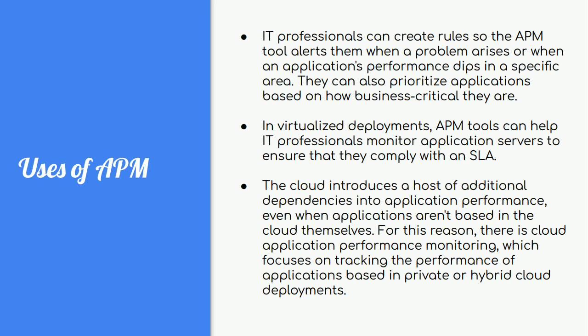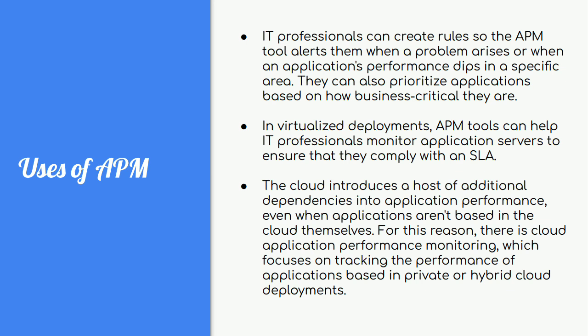Use of APM. IT professionals can create rules so the APM tool alerts them when a problem arises or when an application's performance dips in a specific area. They can also prioritize applications based on how business critical they are. In virtual deployment, APM tools can help IT professionals monitor application servers to ensure that they comply with an SLA.